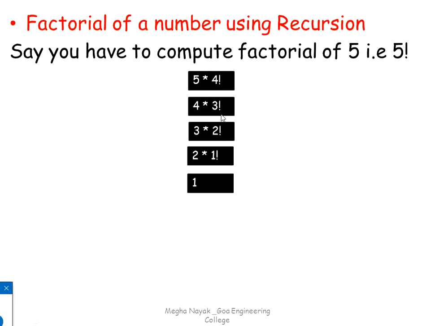So factorial keeps calling itself umpteen times till it reaches a certain condition. What do we call the condition wherein it has to stop? The condition wherein it has to stop is called the base condition. So whenever you are doing recursion, you need to understand that you have to place your base condition, and it has to be correct.